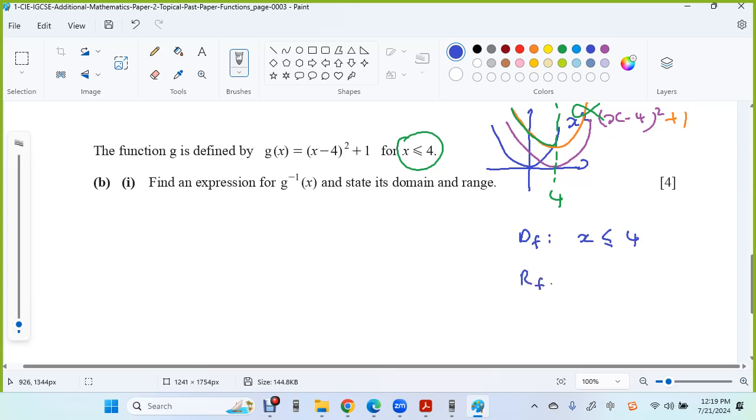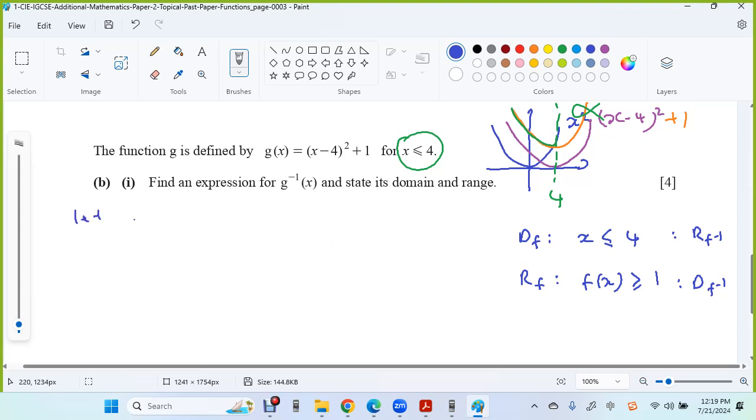And the range of g is actually g(x) greater than or equal to 1, and the domain of g is equal to the range of g inverse, and the range of g is equal to the domain of the g inverse.